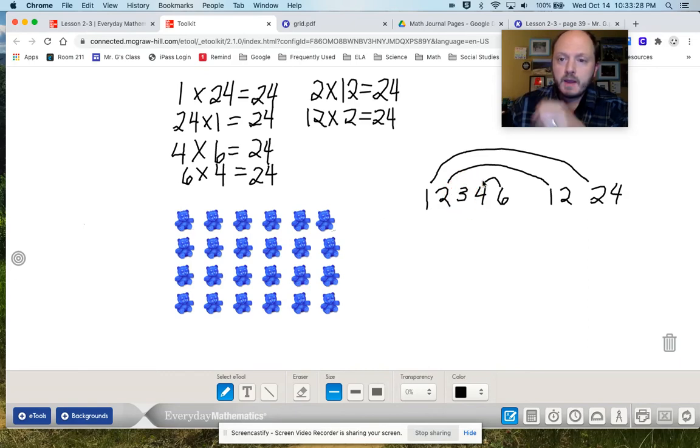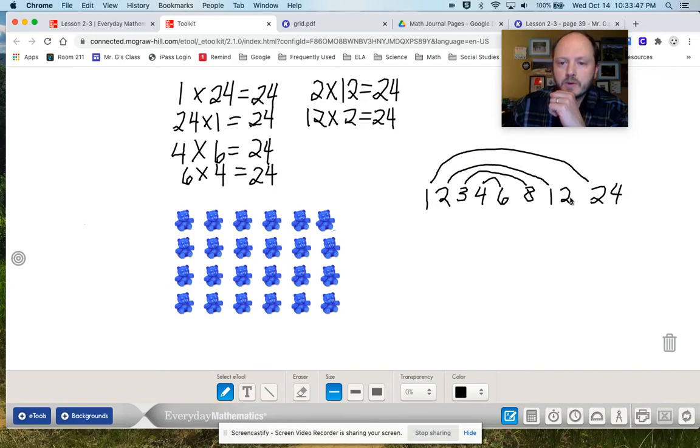Does 3 have a number that it goes with, a pair that it goes with, that when we multiply it together equal 24? It does. It is an 8. And we have yet another pair.